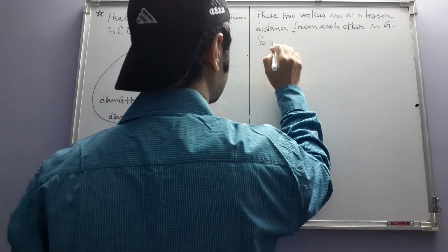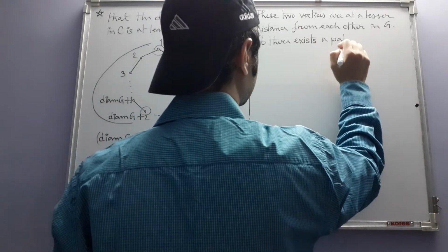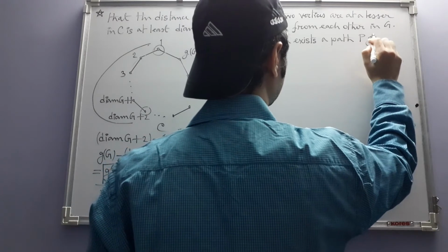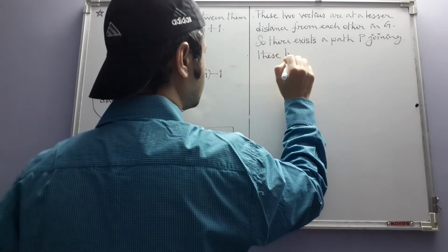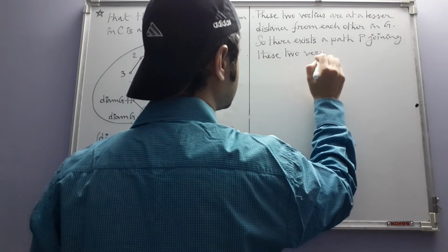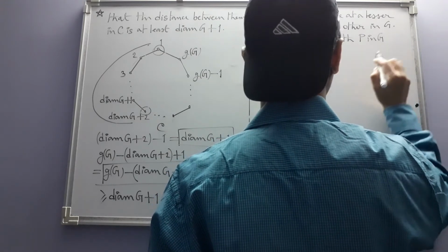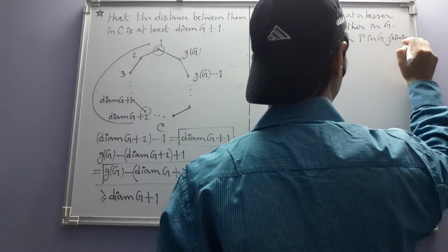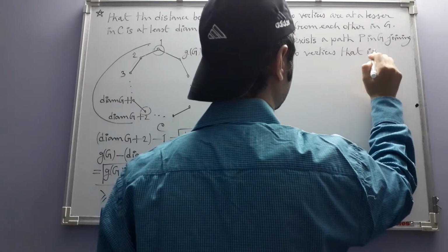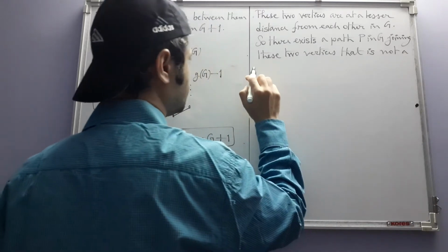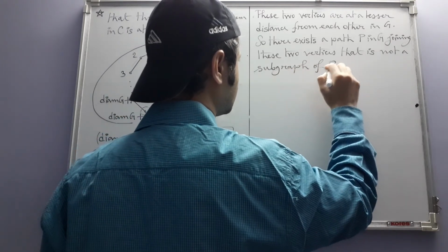So there exists a path P joining these two vertices, or in fact there is a path P in G joining these two vertices that is not a subgraph of C.